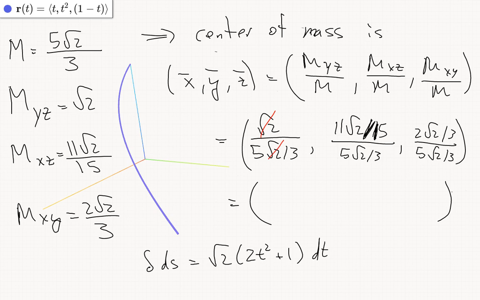So let's see, this will be over 5. So this should be 3 over 5, 11 over 25, 2 over 5.